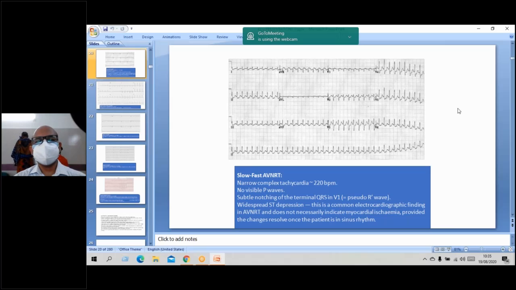Why supraventricular tachycardia? Because this patient has a heart rate of more than 200, 240, 250. Number two, the RR interval is regular. If you observe this ECG, the amplitude of the R wave is the same. There is no P wave. QRS complex is narrow.